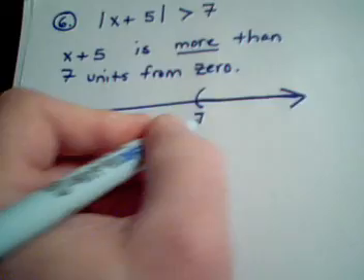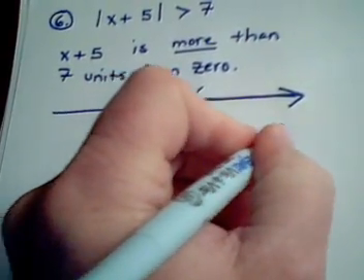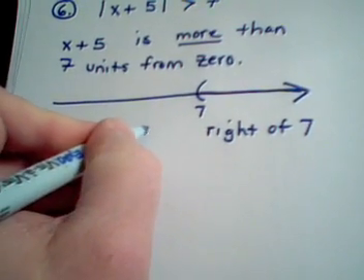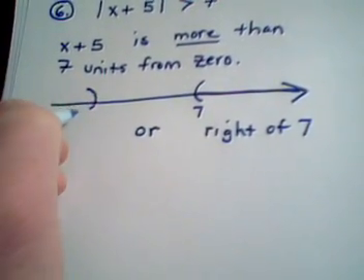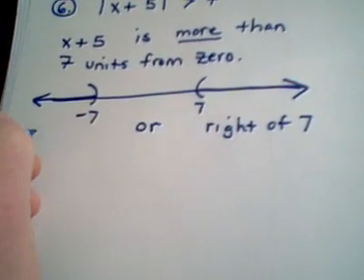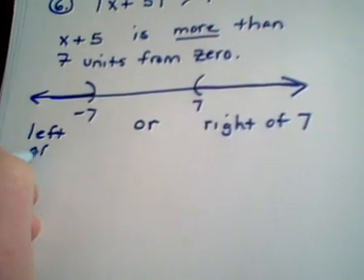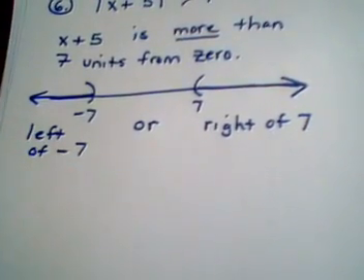Okay, let's put that in words. To the right of 7, or you could be to the left of negative 7.